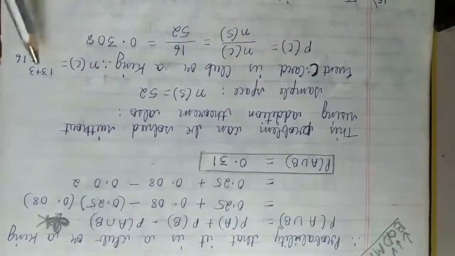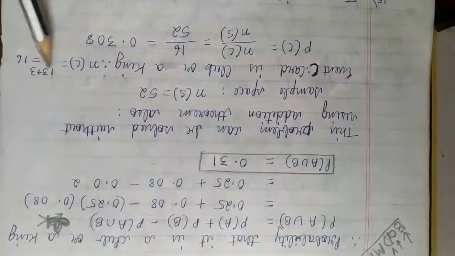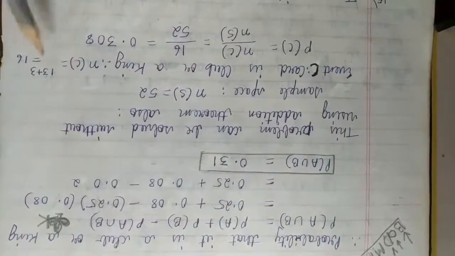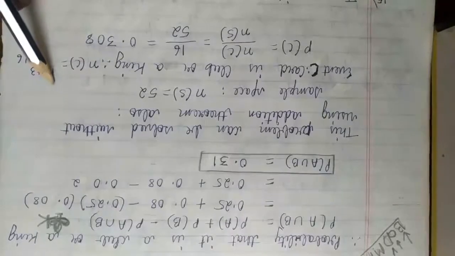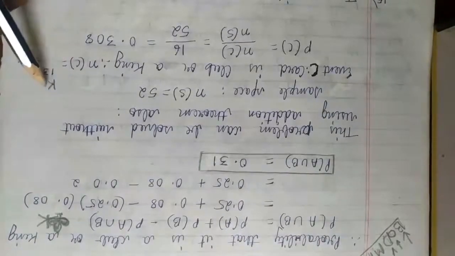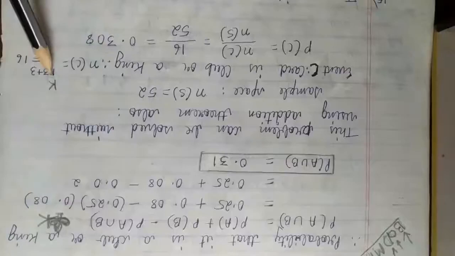So how many clubs you have? 13 clubs you have, which includes the king of club, right? It is included in this 13.